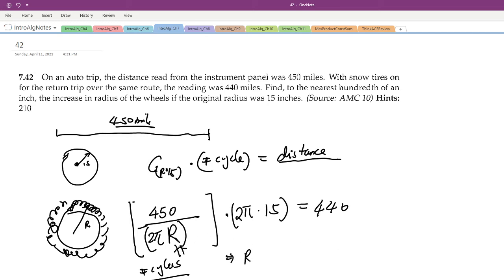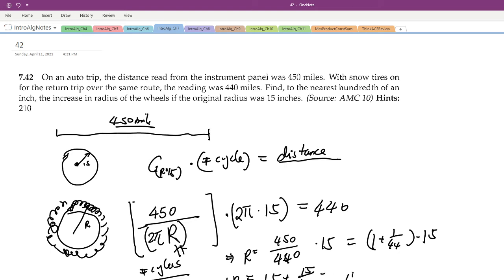So r is equal to 450 over 440 times the 15, which is 1 plus 1 over 44 times the 15. So now you can see the change of the radius is 15 plus 15 over 44 minus the 15, which is 15 over 44 inches.